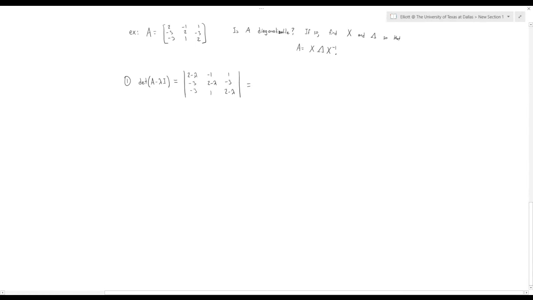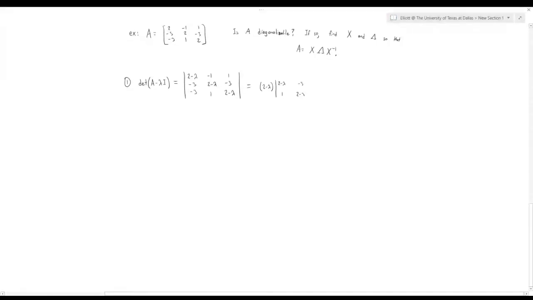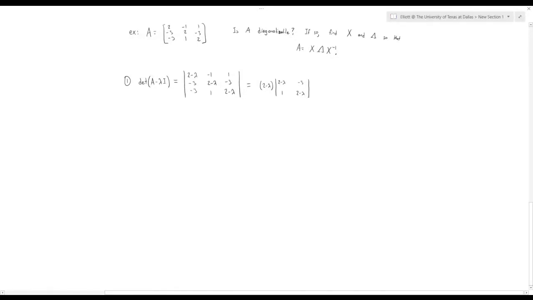So I would take 2 minus lambda times, and then remove that row and that column. I need the determinant of this remaining 2 by 2. And then next we would do minus the -1 times, and then remove that row and that column. We need the determinant of this remaining 2 by 2.